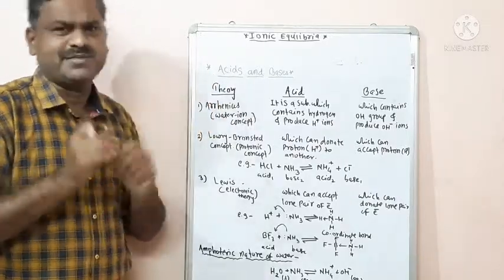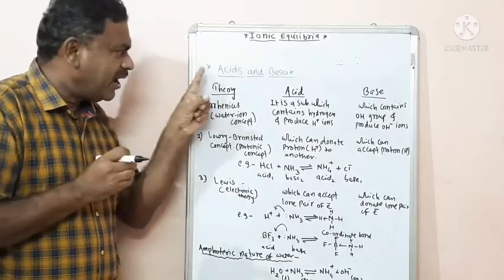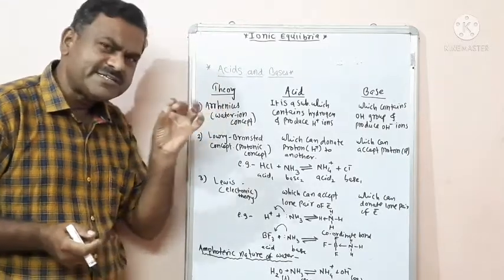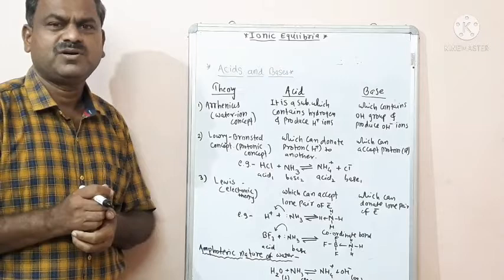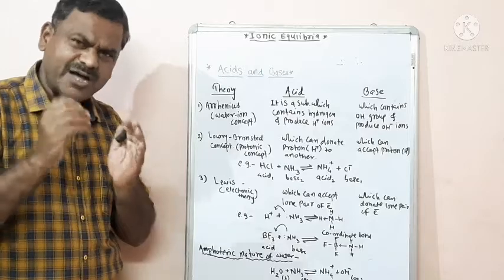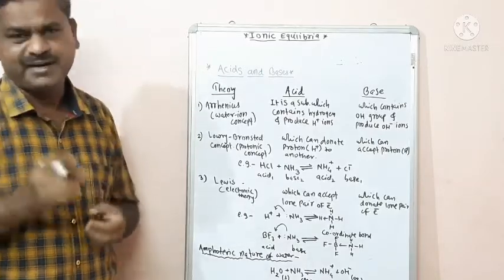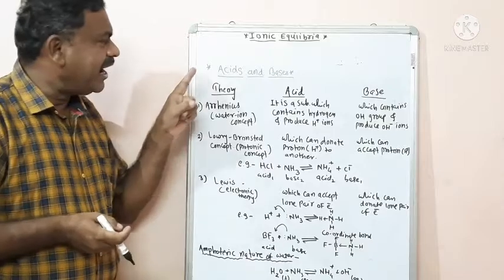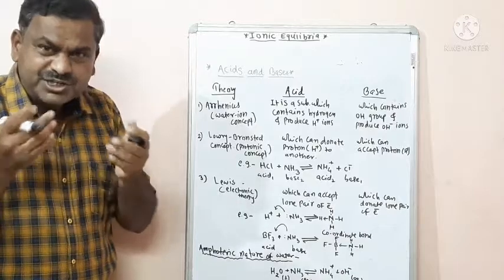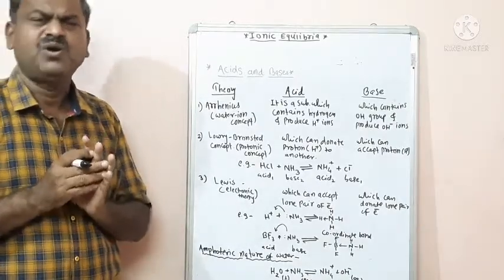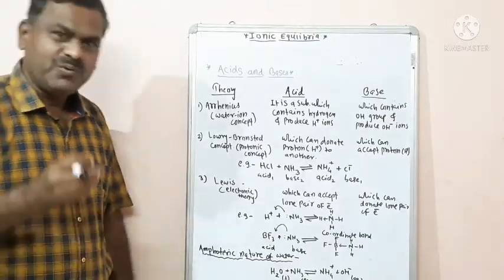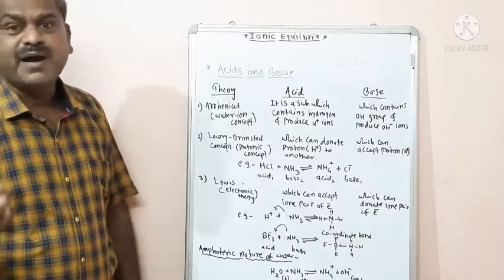Acid is a substance, and base is also a substance, whether ions, molecules, or atoms. An acid is a substance which dissolves in water to produce hydrogen ions, and a base produces OH minus ions.